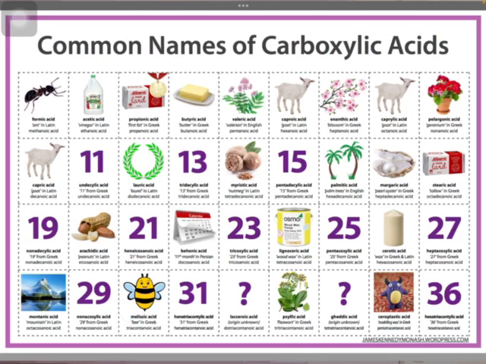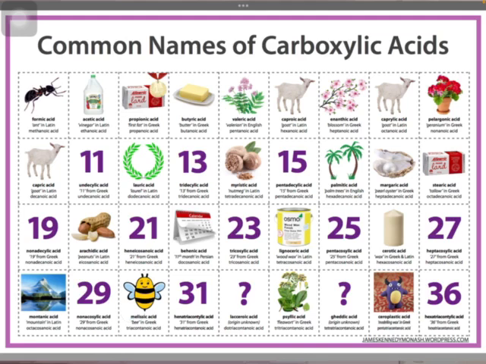Okay, yung acetic acid naman, so yung word na aceto, it means vinegar in Latin. So itong picture na to ay just showing you yung mga common names ng ating mga carboxylic acids from carbon 1 hanggang carbon 36.